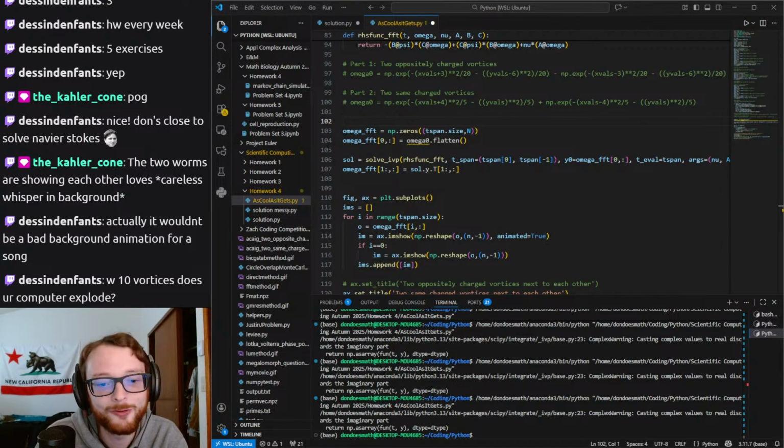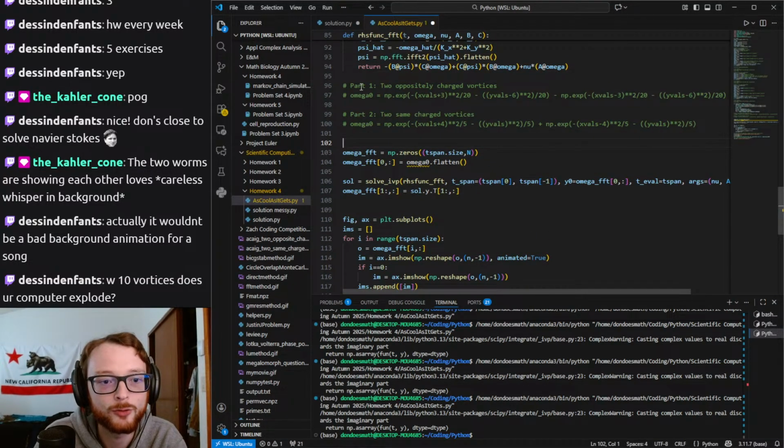Okay, so we did part 2. Part 3 is to make 2 oppositely charged vortices collide. So we got to keep playing with the initial conditions.